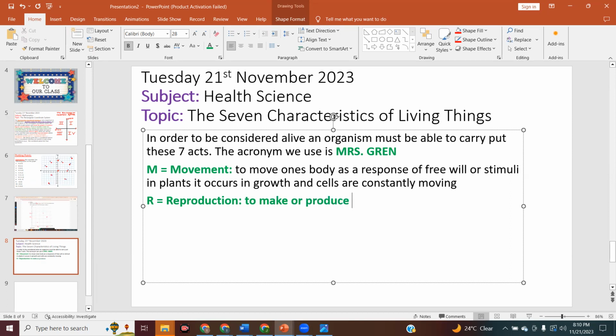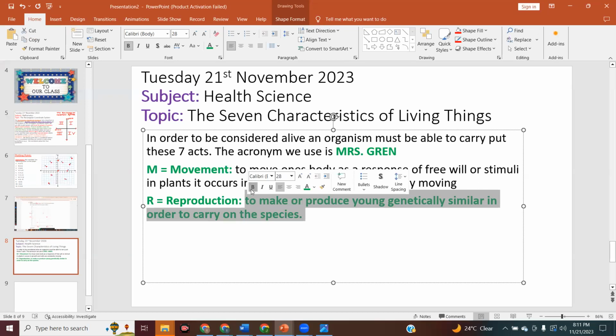So it must be able to pass on its genes to its offspring, to produce young, genetically similar, in order to carry on the species. So every living thing must be able to reproduce.